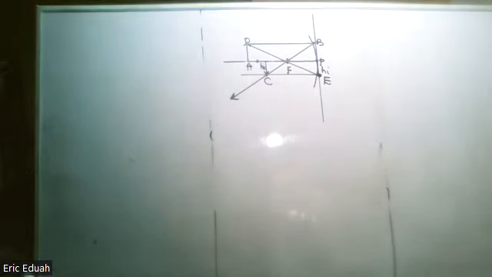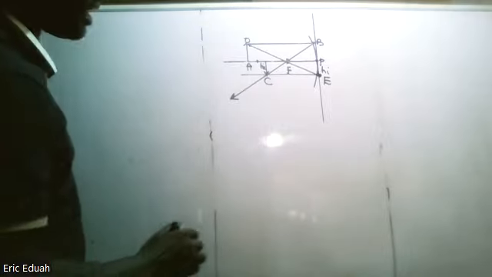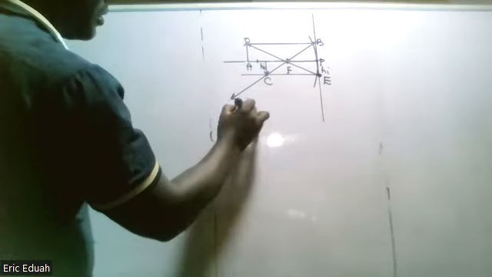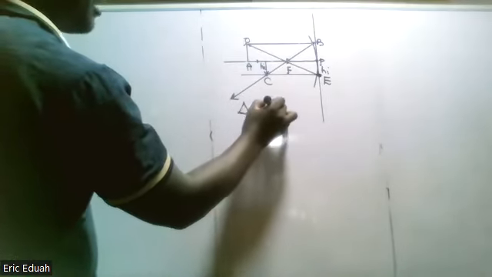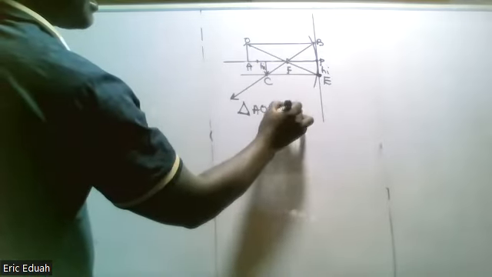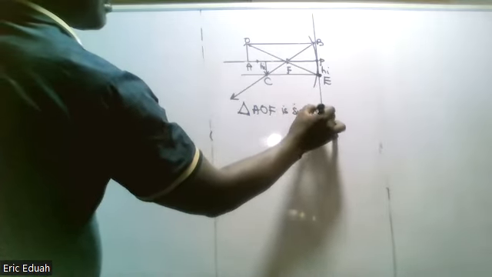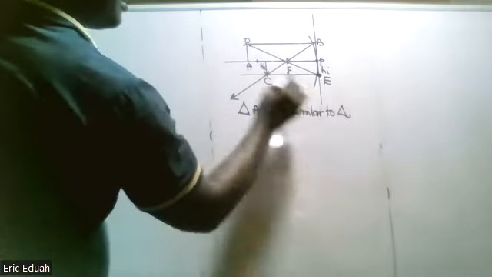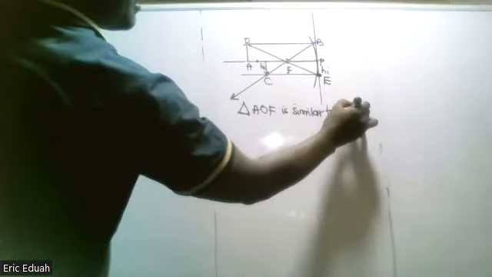Okay. Now we obtain similar triangles from what we have. From what we have, we could deduce that triangle AOF is similar to triangle FBE.